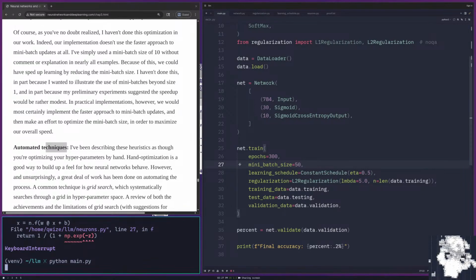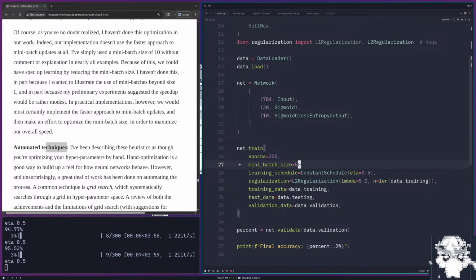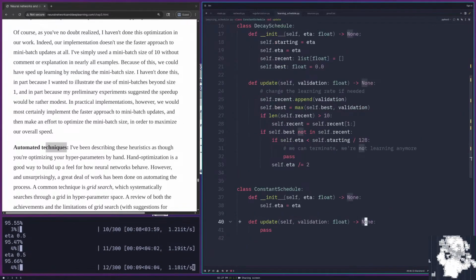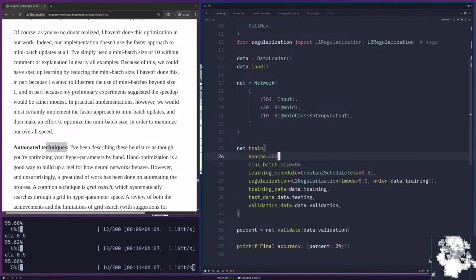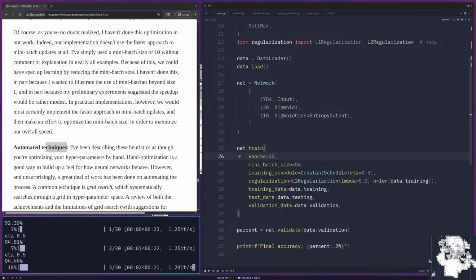If I can't tell the difference anyway, might as well be faster, because that I can see that it's faster. Also want to go back to 30 epochs so that it actually ends within a minute instead of within forever.